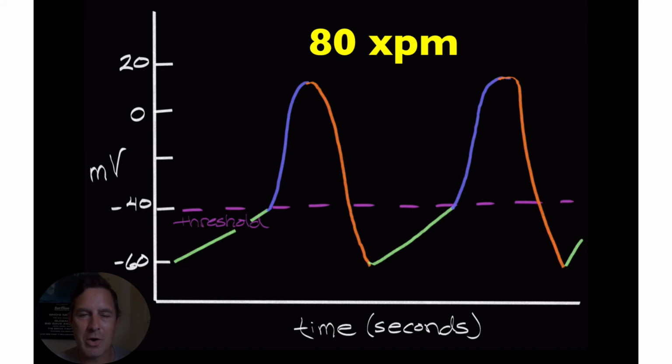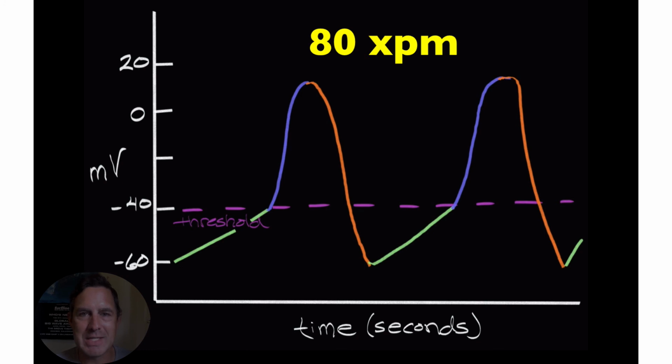The resting heart rate is the result of parasympathetic activity influencing the myocardial autorhythmic cells, specifically causing the myocardial autorhythmic cells to slow down. So the baseline for myocardial autorhythmic cells is roughly 80 to 100 times per minute.